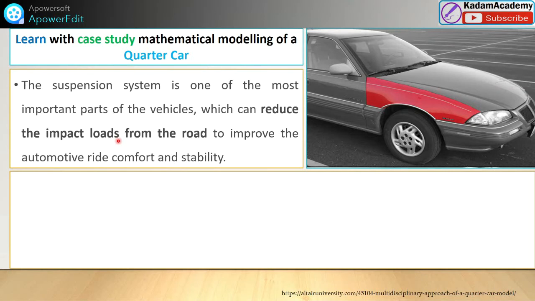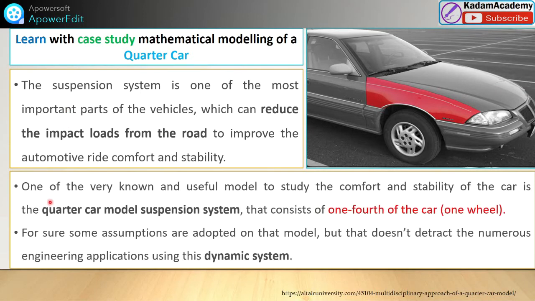Whatever impact loads come from the road will be reduced, and that will improve the automotive ride comfort and stability of the vehicle. The stability of the vehicle and the ride comfort depend on the suspension system.